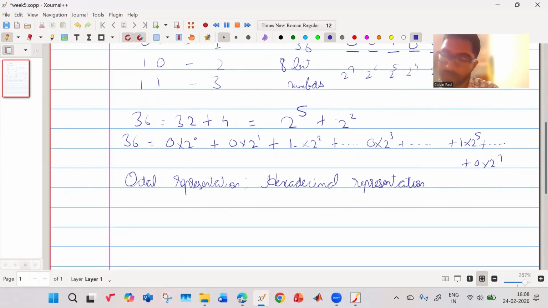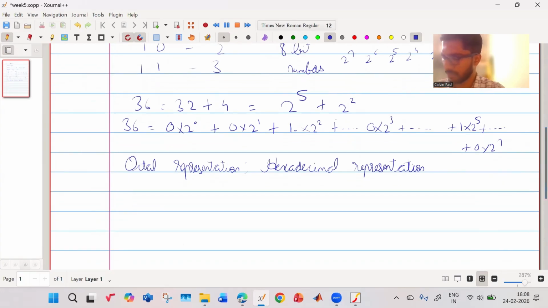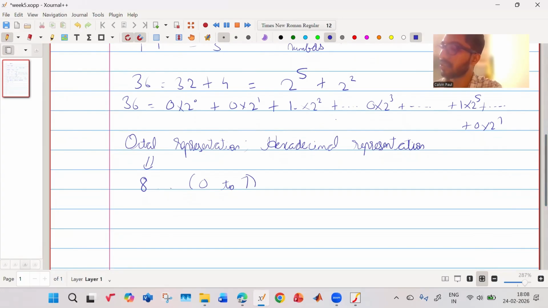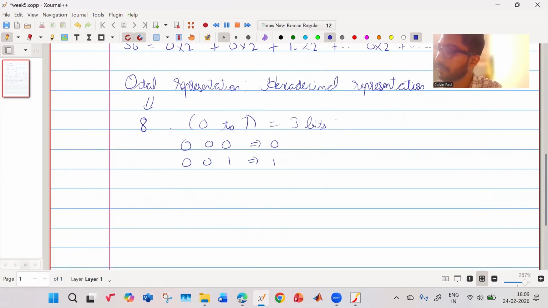For the octal representation, octal means 8, so the numbers go from 0 to 7. This would use 3 bits. So 0, 0, 0 stands for 0, 0, 0, 1 stands for 1, and so on. 1, 1, 1 stands for 7, and 1, 1, 0 stands for 6.